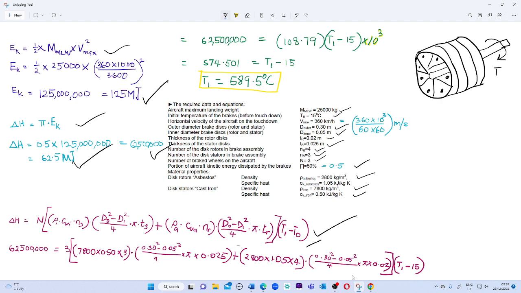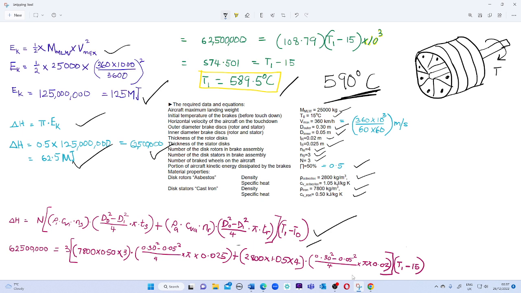So by slotting all our values into this particular equation, our T1 becomes 589.5 Celsius, which is approximately 590 Celsius.